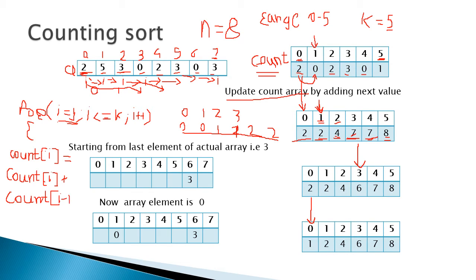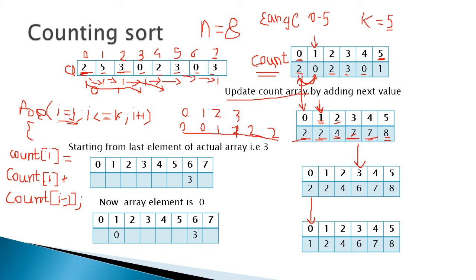Why i minus 1? Because here we are calculating with the previous ones, we add the value with the previous ones. Here we start from the first index, but 0 plus 2, that's why here 2, 0 plus 2 is 2 again.